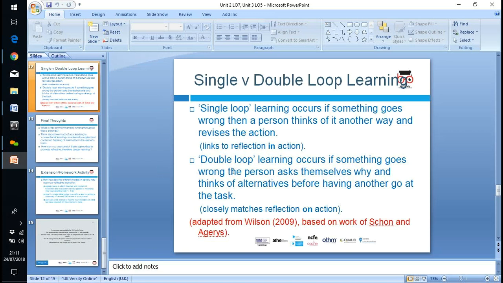So double loop learning occurs if someone goes wrong, the person asks themselves why, and thinks of alternatives before having a go at the task.